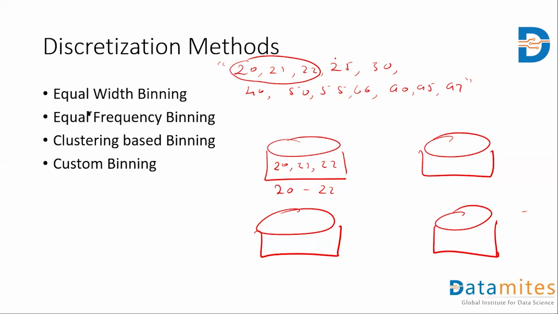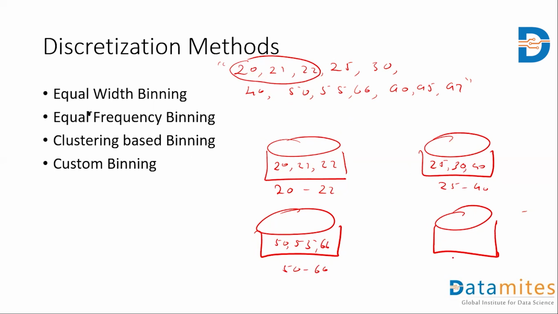And the next 3 members, that is 25, 30, and 40. So the width of this bin becomes 25 to 40, and then 50, 55, 66. So the width over here becomes 50 to 66.